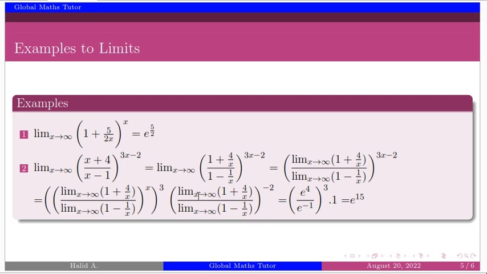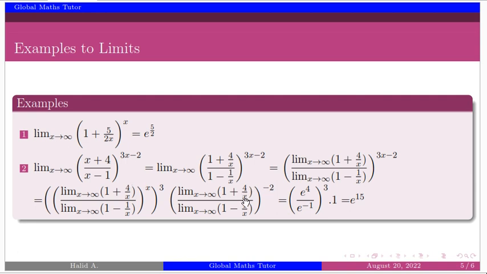So the limit of 1 plus 4 over x as x approaches infinity: this one will be 1, and 4 over x will be 0. 0 to the power of minus 2 is 0, so it will be 1. But here the limit as x approaches infinity of 4 over x, it will not be 0 to the power of x, because 0 to the power of infinity is not 0.